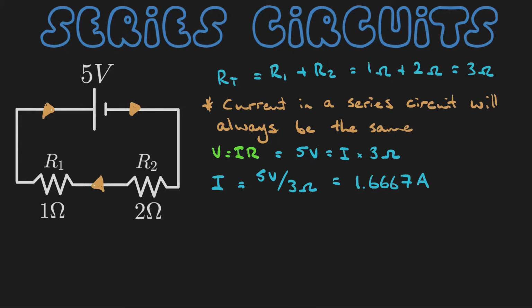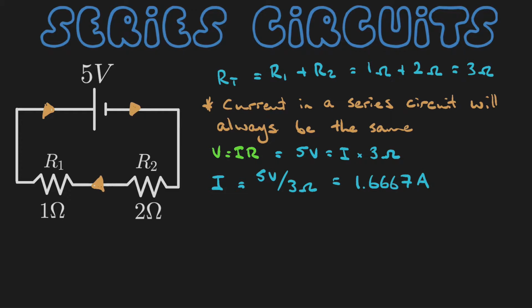But let's say we want to find out what the voltage being supplied across R2 is. Okay, well, it's quite simple. Now that we have the total current, we can just reapply Ohm's law, and we can find out what the voltage is across R2. Same with R1.